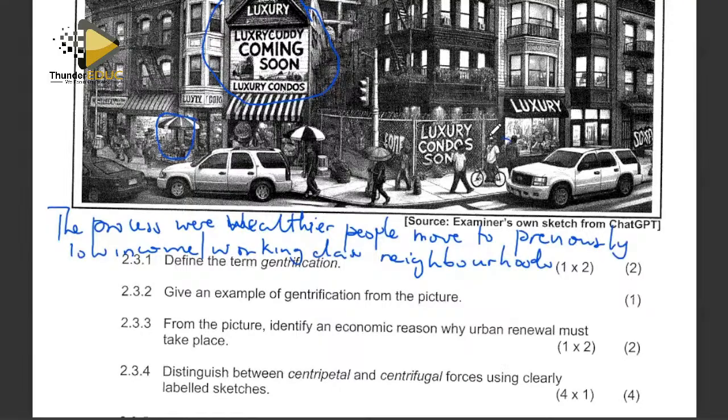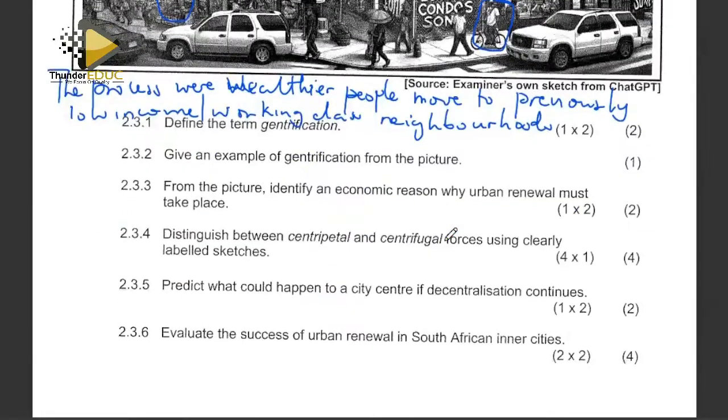And also we have people who look like they are just wandering around and having nothing productive to do. So an economic reason why gentrification needs to happen is so that it creates jobs for the local people, because it seems there are some people who have nothing productive to do there.